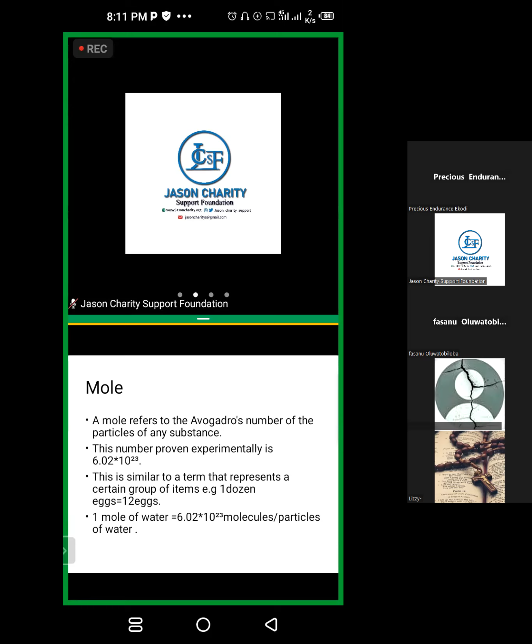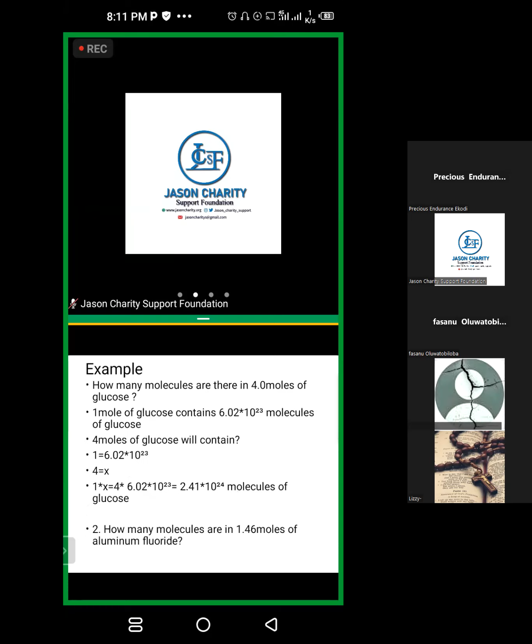So 1 mole of sodium, the same thing as 23 grams of sodium, contains 6.02 times 10 raised to the power 23 atoms of sodium. Please, let's take note of this: the atomic mass of each element in grams is the same thing as 6.02 times 10 raised to the power 23, or 1 mole of that element. It's very, very important.